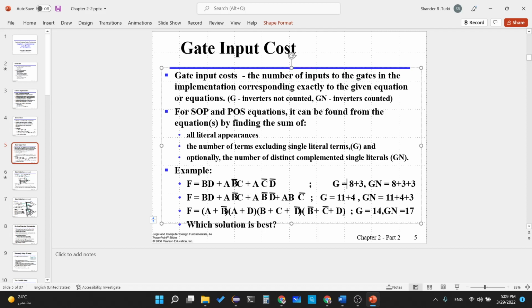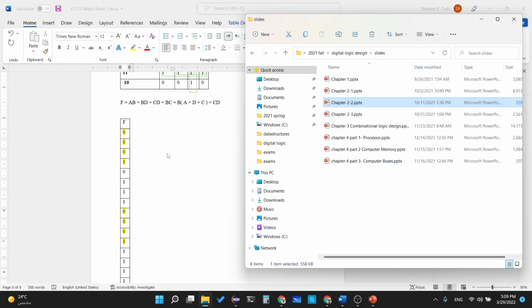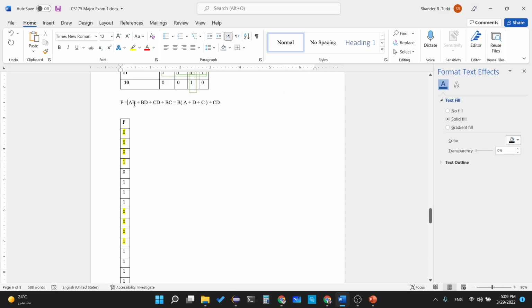So we will use G, so we can only compute it on the first expression. So here we have 1, 2, 3, 4, 5, 6, 7, 8. Is it correct now? 8 plus 1, 2, 3, 4. Okay, so here G will be equal to 12, 8 plus 4.